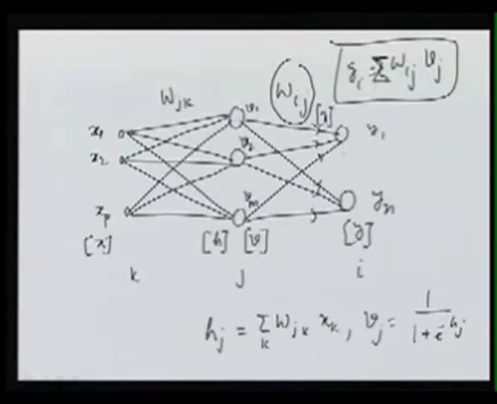Once I transfer the signal from x to y, I compute the target error here and I back propagate it. This is my E at the target, and through back propagation I update w_ij.